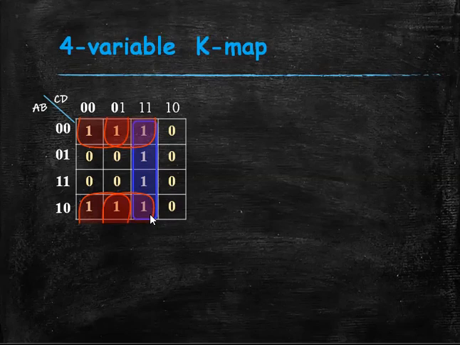then the simplified Boolean expression must be a sum of three product terms, that is, there are three quads. For this quad, look at this one.